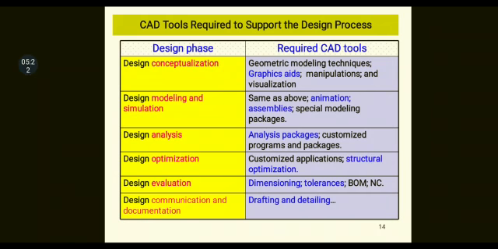The third one is design analysis. There are a number of different types of analysis packages. For example, ANSYS is an analysis package for a beam or a component under stress and strain.